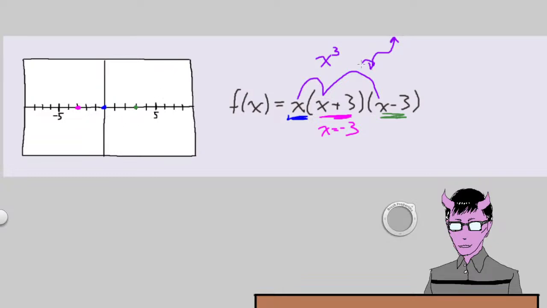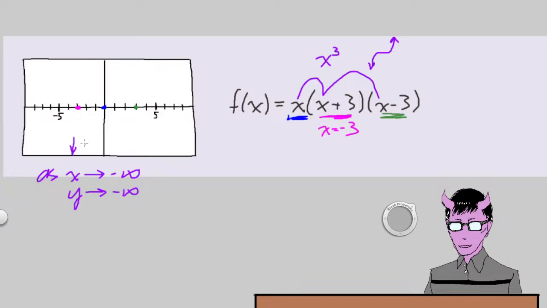So again, we have this kind of downwards, upwards motion, because when you cube a very large negative number, it's still negative. Hence this downwards trend on the left hand side. If you're writing that as a written statement, as x approaches negative infinity, then your y values also approach negative infinity.